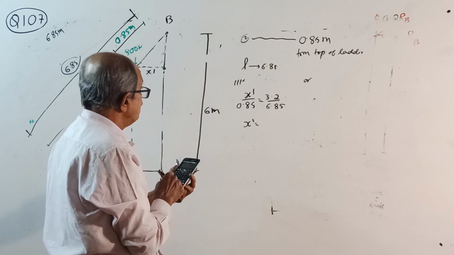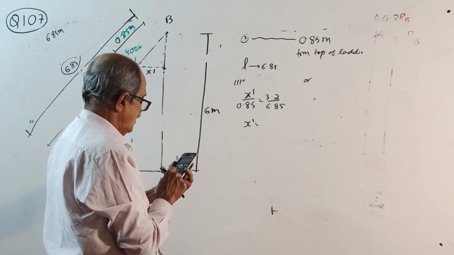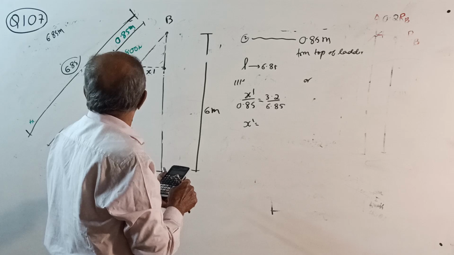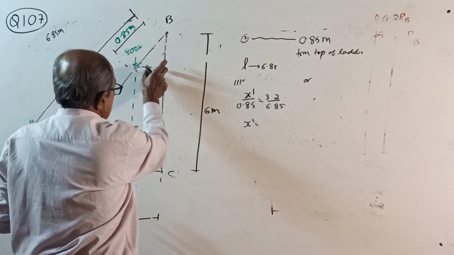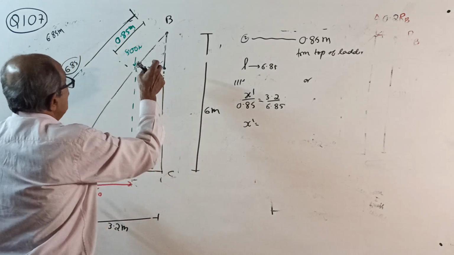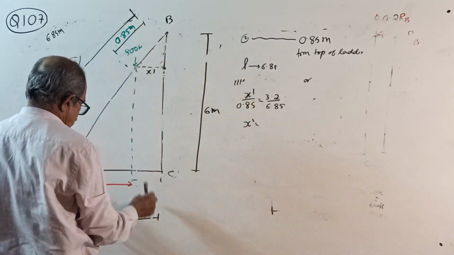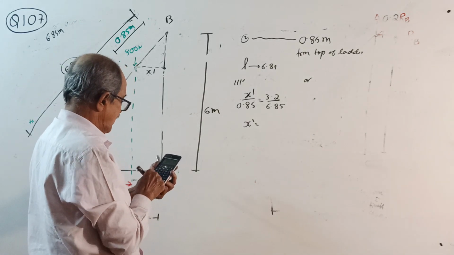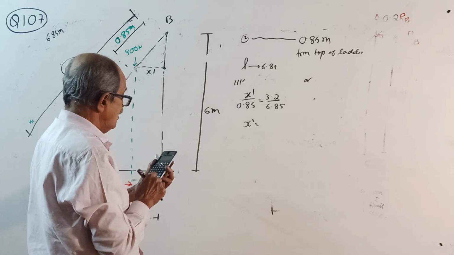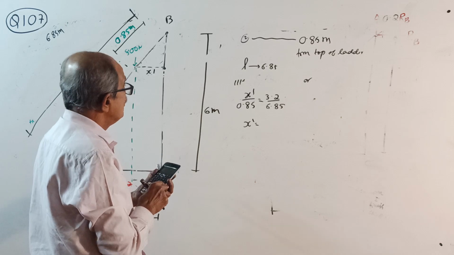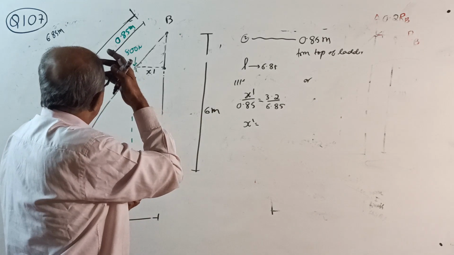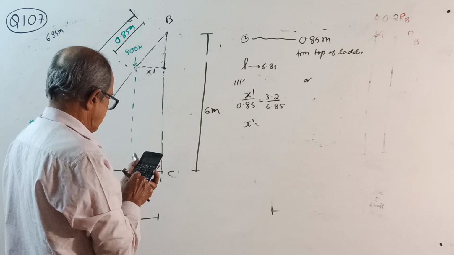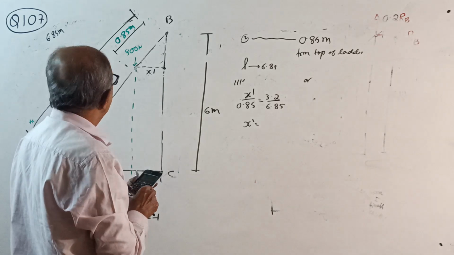So x dash equal to 3.2 divided by 6.85 into 0.85. Why is it giving a wrong number? 0.75 with respect to 6 into 6.8 is 0.85, correct.